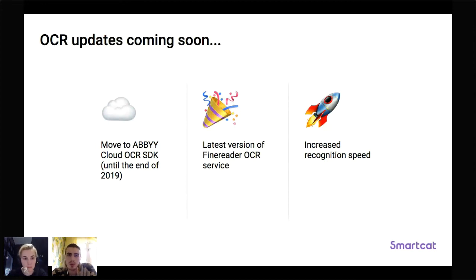All Europe, USA, Asia. And what does it mean? This makes it possible to include the latest version of OCR that ABBYY can provide. And we will switch it on for all our users. And the second thing is that our speed of recognition will increase. But now I can't say how fast in numbers, but after the release, we'll measure it and we'll inform you.